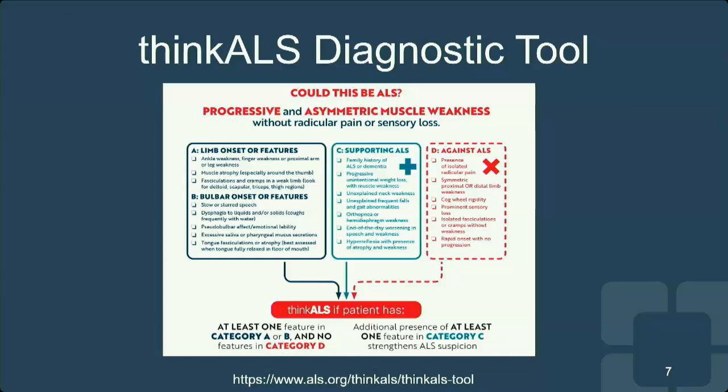So then this tool is listing things that would make you think that it does fall into this category: the weakness, atrophy, fasciculations, dysphagia, depending on the area of presentation, other things that are supportive for family history, other exam findings that could be supportive of the diagnosis, and then things that would make you think it's less likely. So if they do have pain, if they have Parkinsonian features like cogwheel rigidity, if there are a lot of sensory symptoms as a part of their presentation, then those are going to make you think it's less likely.